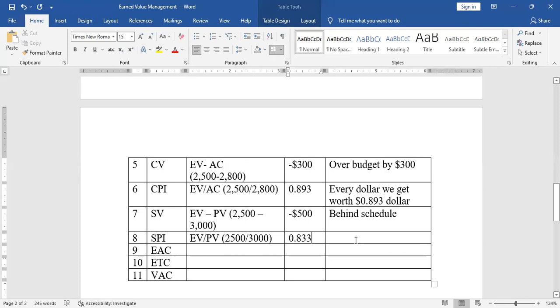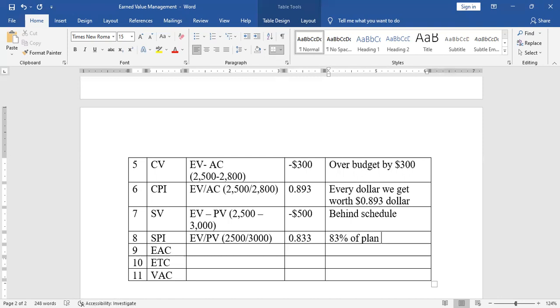We are getting 0.833. What does this mean? Since we are looking at it in terms of time, we will simply say we are moving at 83% of plan, when we should have been moving at 100%. So we are behind schedule.